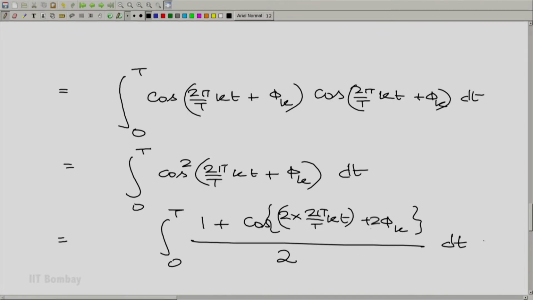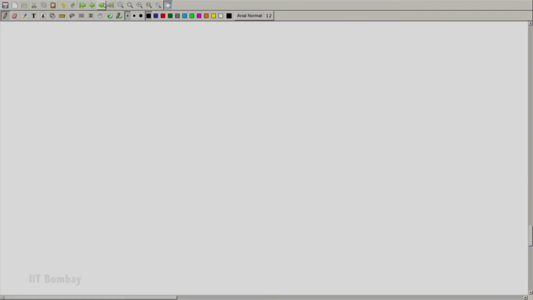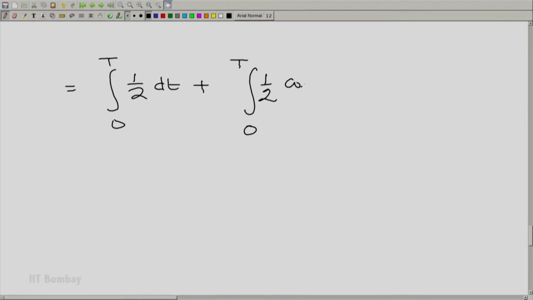This is a little lemma in trigonometry. Now, here I could split this into two terms in the integral. I could split this into the integral from 0 to T of half dt, which is very easy to evaluate, and the other one is also easy to evaluate.